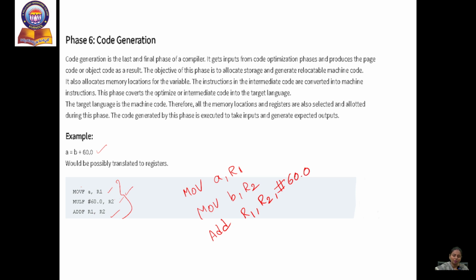So whenever we write two registers with one constant value, it means that the value 60 will be added with R2. Whatever value R2 holds will be added, and the result will be stored in R1.